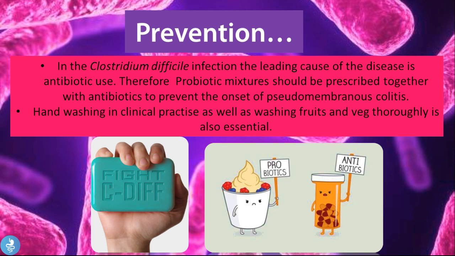And this is why most doctors today, when administering an antibiotic, will also administer a probiotic, which help the good bacteria or the normal flora of the colon to survive and live healthily in their environment despite the use of antibiotics. Hand washing in clinical practice, as well as washing fruits and veg thoroughly, is also essential.